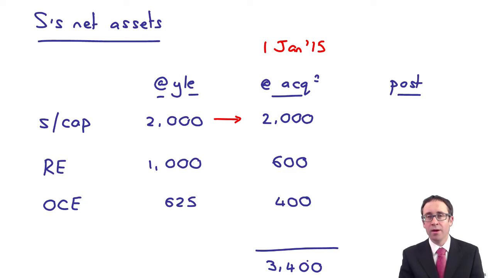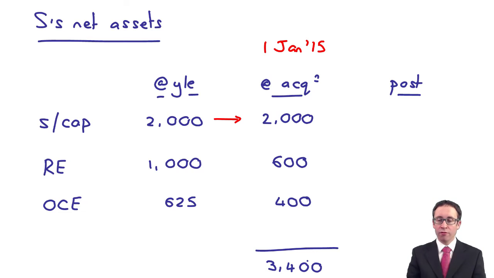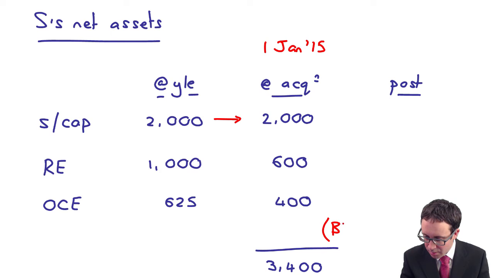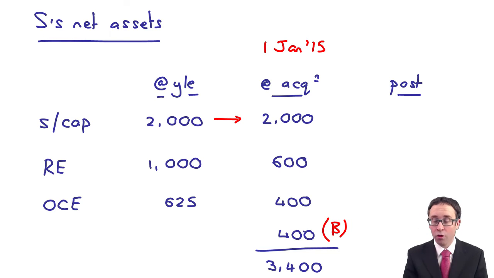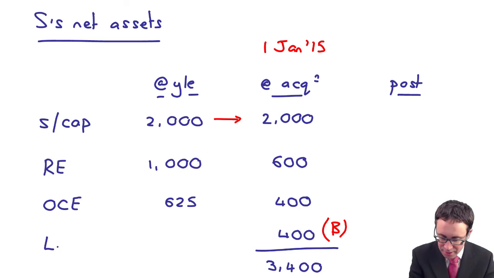If you total them up based upon book value, the 2,000, the 600, and the 400, that gives you 3,000. We need to put in a balancing figure, and that balancing figure is 400.